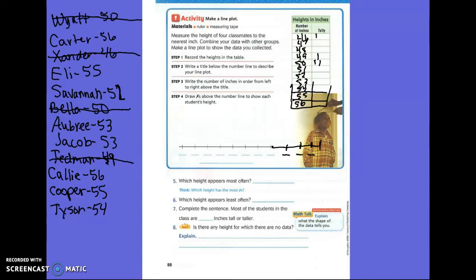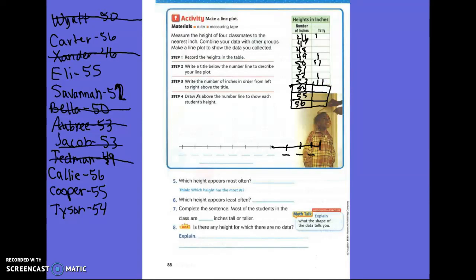Okay, now we're going to have a tally for 51. Anybody have 51? No. Okay, none. How about 52? How many? 1. How about 53? 2. So 2 tallies for 53.